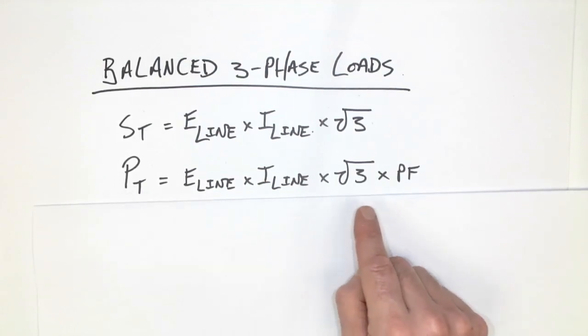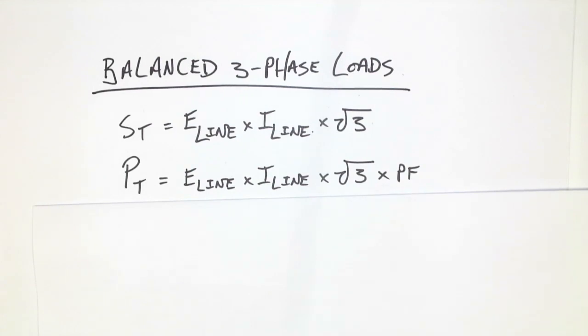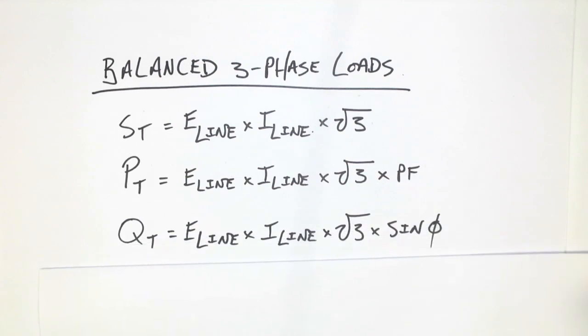So E line, I line, root 3 times power factor. And finally, Q total: E line, I line, root 3, but this time I'm taking the sine of the angle. So I need to know what the angle is, and I apply the trig function sine to it. So E line times I line times root 3 times sine of the angle.